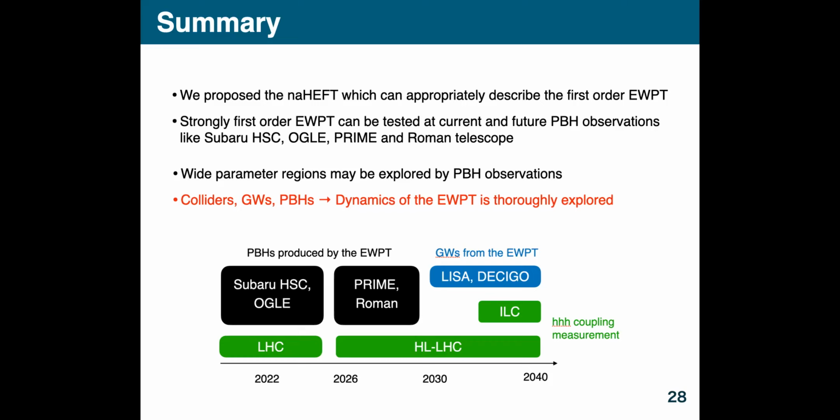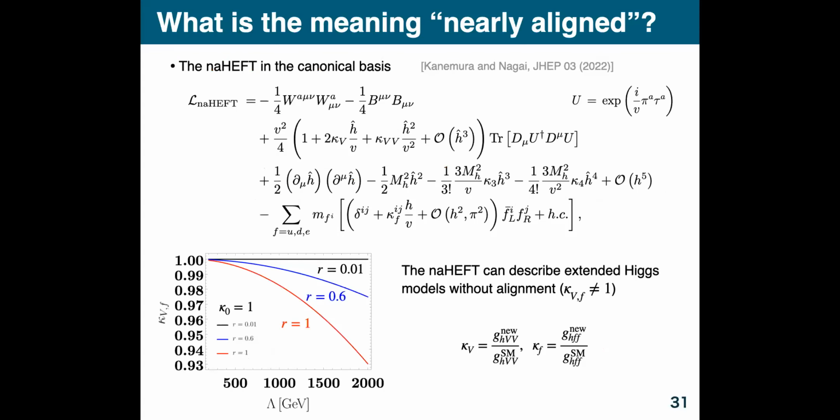I'm sorry, but could you explain again what is the nearly aligned? What do you mean by nearly aligned? The meaning of nearly aligned is that this is the generic Lagrangian of the nearly aligned EFT, and this EFT can explain the new physics with a non-alignment case, like as shown in this figure.